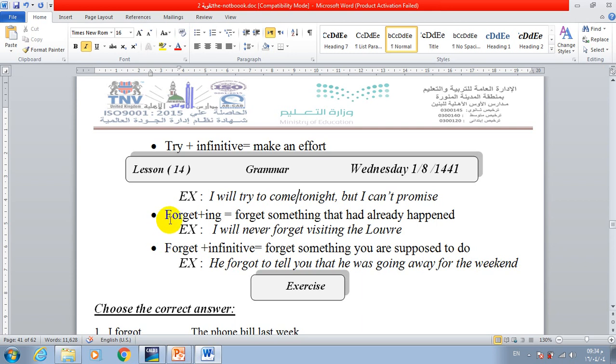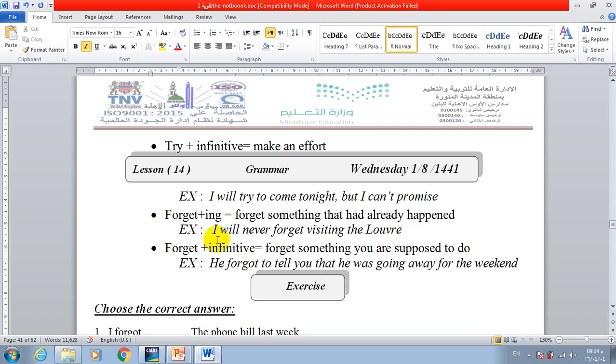Another word that can be followed by infinitive and ing is the word forget. If we say forget plus ing, it means forget something that had already happened.